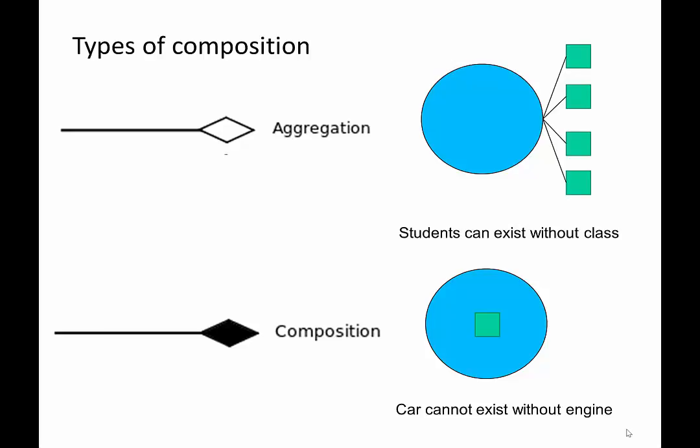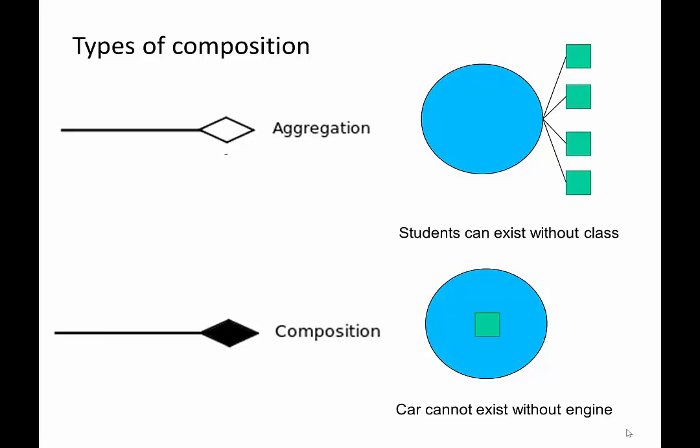So if the circle is the class we're in now, you exist outside of the class, but at the moment you're aggregating here. This class that I'm teaching is made up of multiple students, but you exist outside of this class as well.